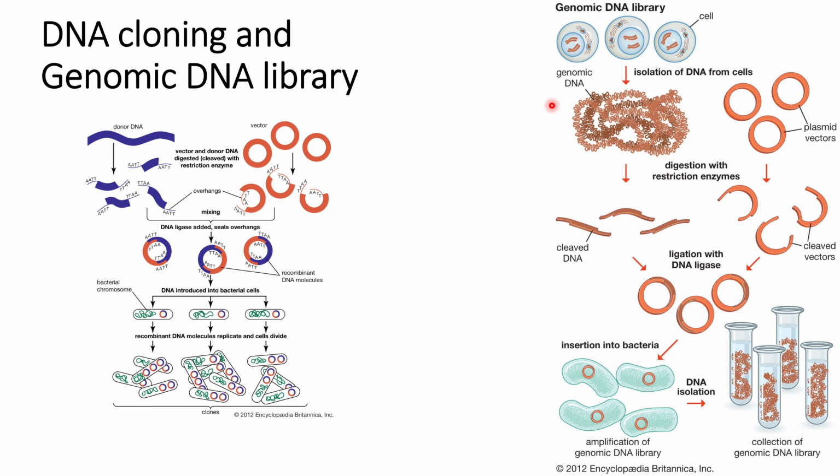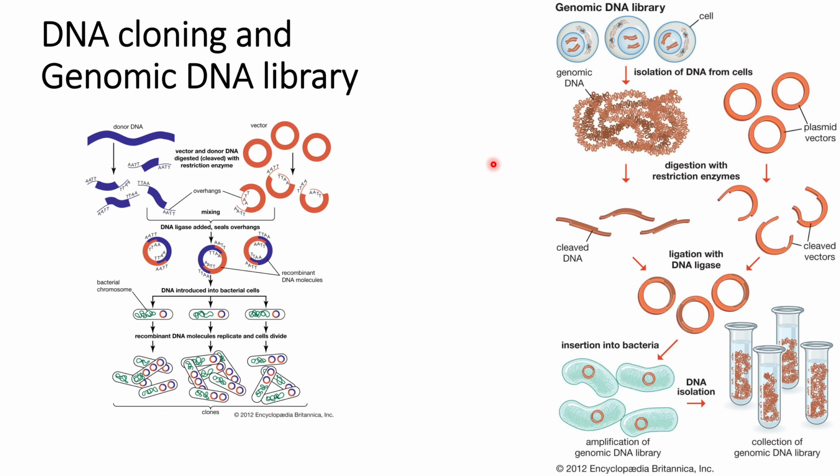What happens in this case is that instead of adding the DNA ligase separately, people inject the donor DNA and vector separately into the cells, and allow the cells to do the DNA ligation and form the products.